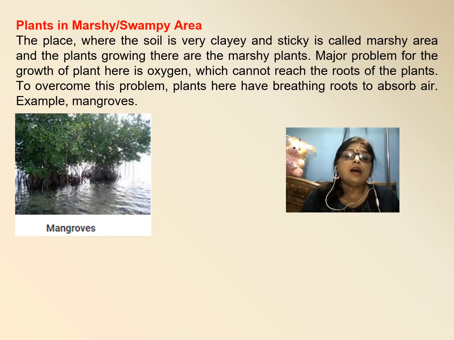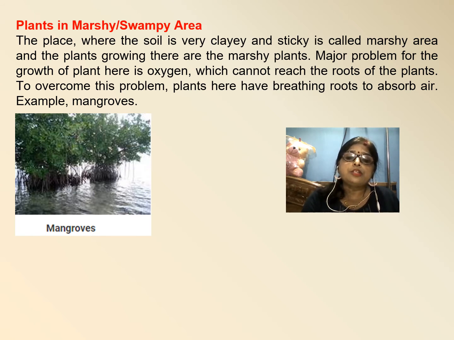Students, another type of plant is found in marshy areas. The place where the soil is very clayey and sticky is called a marshy area. And the plants that grow there are the marshy plants. The major problem for the growth of plants here is that oxygen cannot reach the roots of the plants.